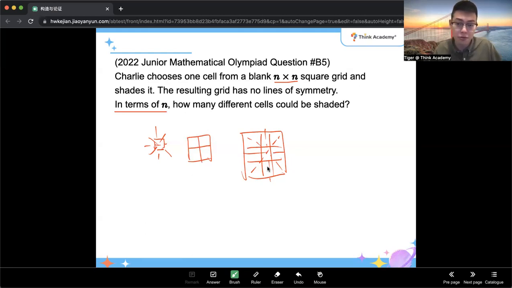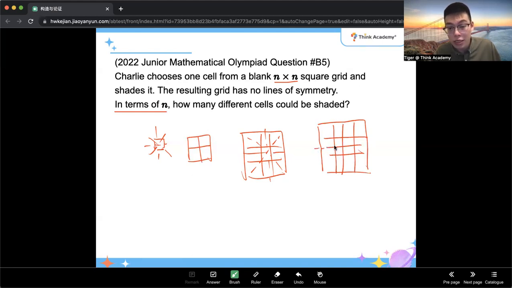4 by 4. I need to keep observing until I find a pattern. For 4 by 4, you can see that the horizontal and the vertical lines of symmetry are going through the gaps between the squares.